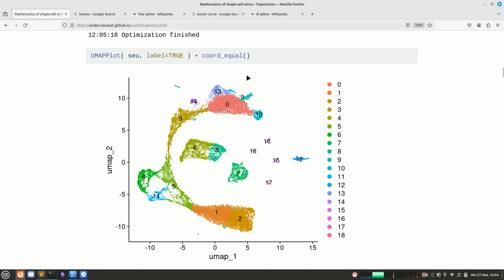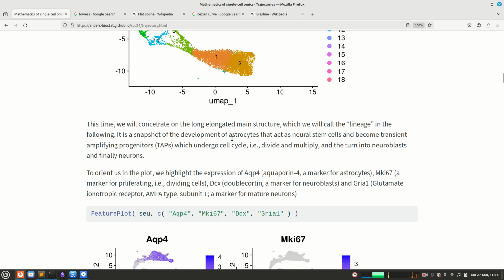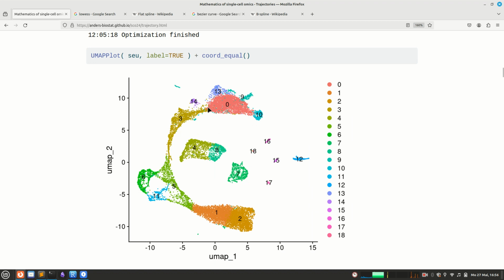You remember we had here our single cell data set from this adult neurogenesis, where we said here are the neuronal stem cells which become activated when they enter the cell cycle and divide in order to produce many copies, and when they become neuroblasts. And finally, the neuroblasts turn into neurons.